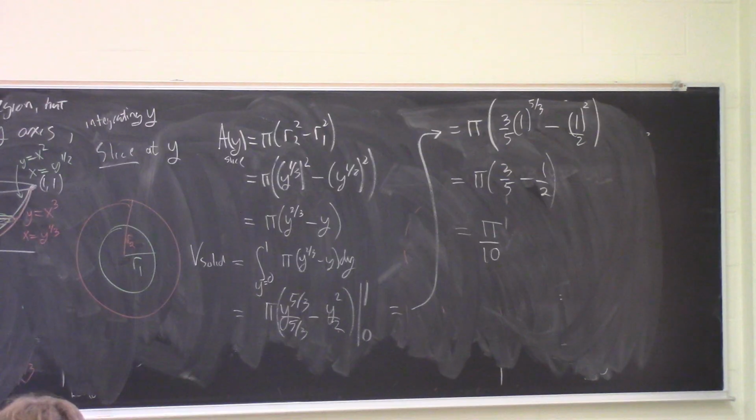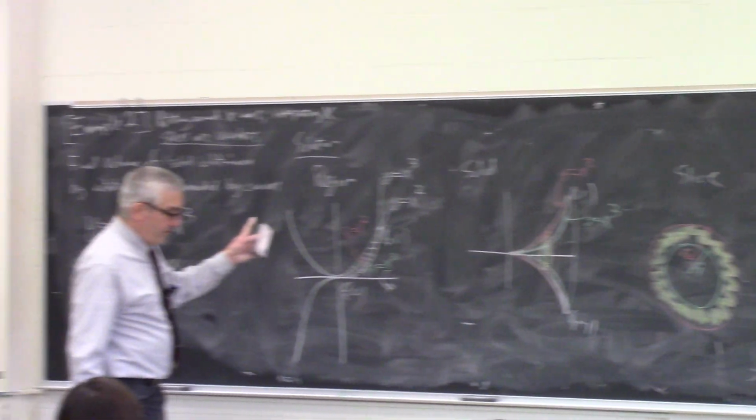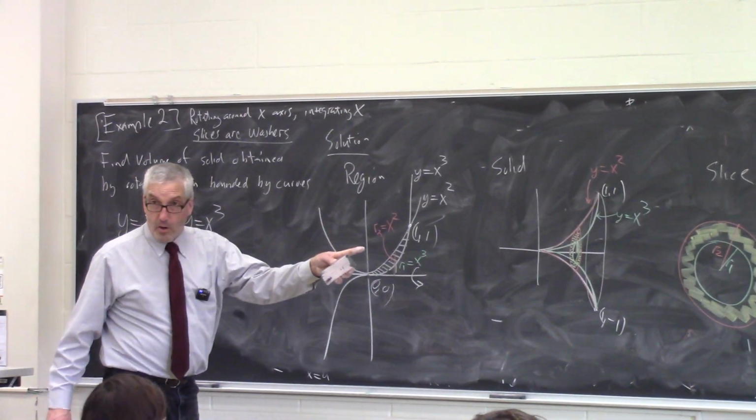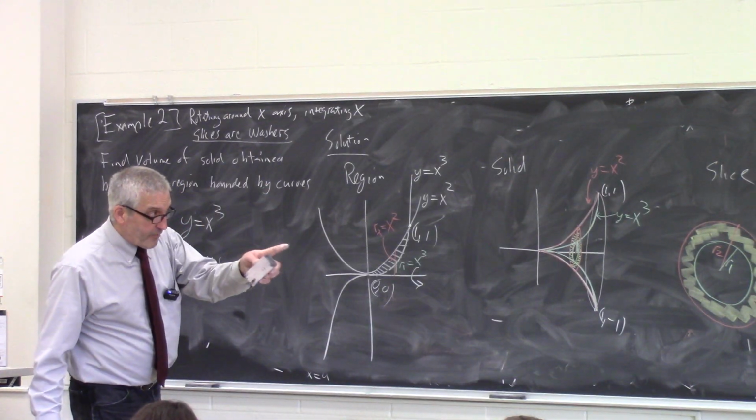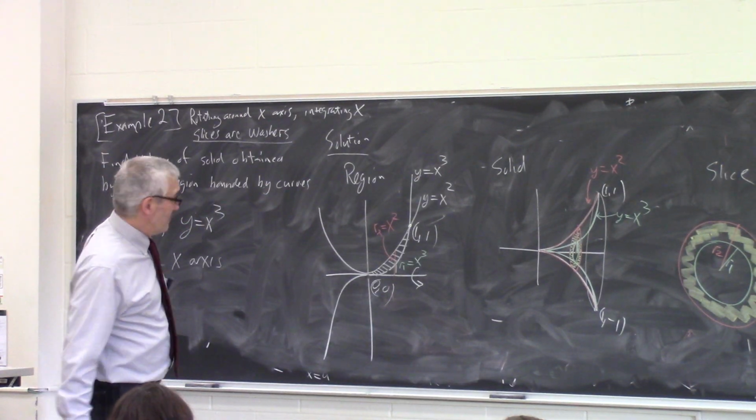All right, so that region spun around the x-axis gave us a volume of 2 pi over 35, but that same region spun around the y-axis gave us a different volume, pi over 10.